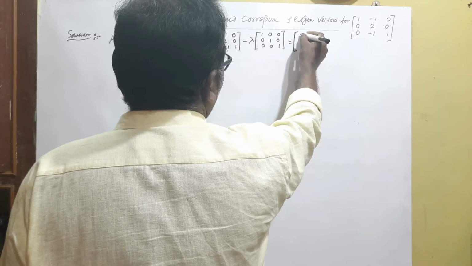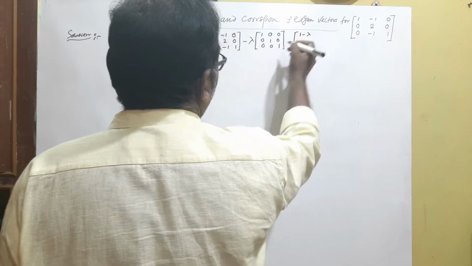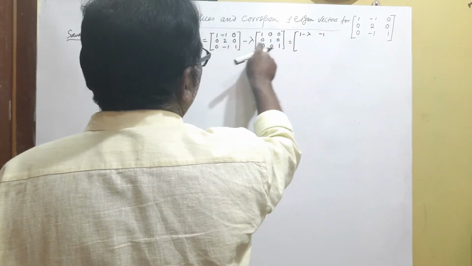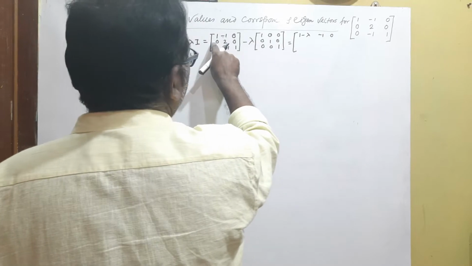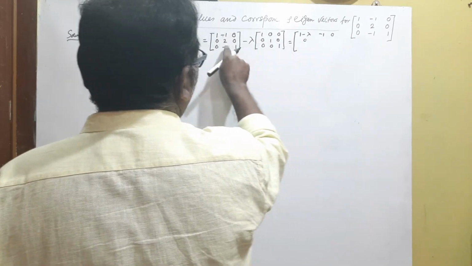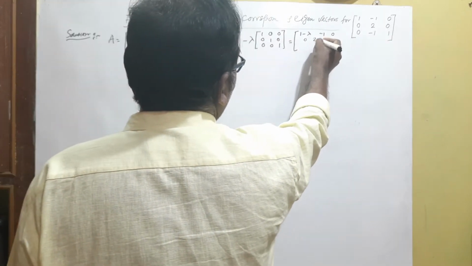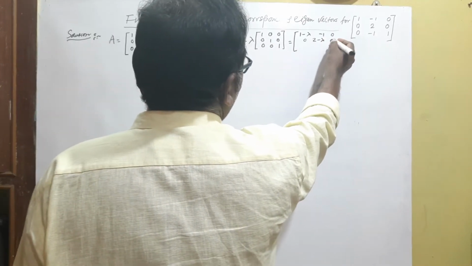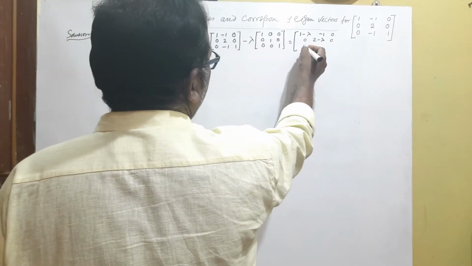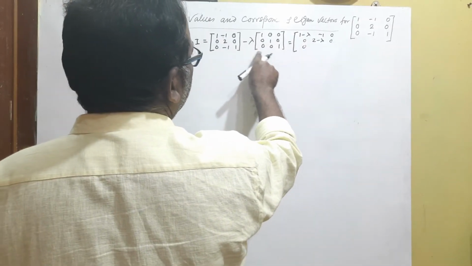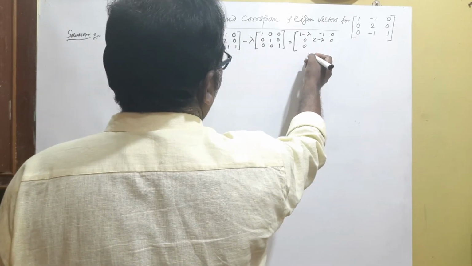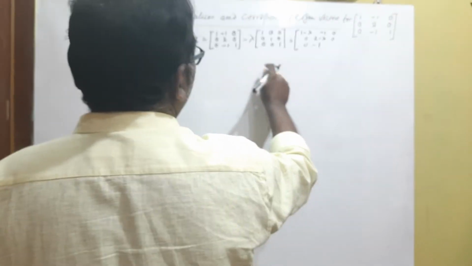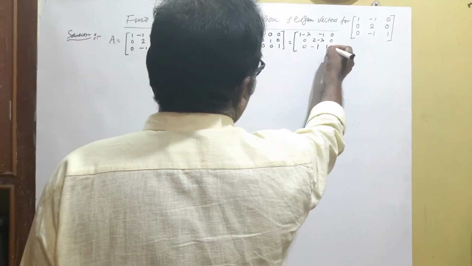So this is here 1 minus lambda, -1, 0; 0, 2 minus lambda, 0; 0, and the second element of the third row is minus minus 1, that is -1, and 1 minus lambda.